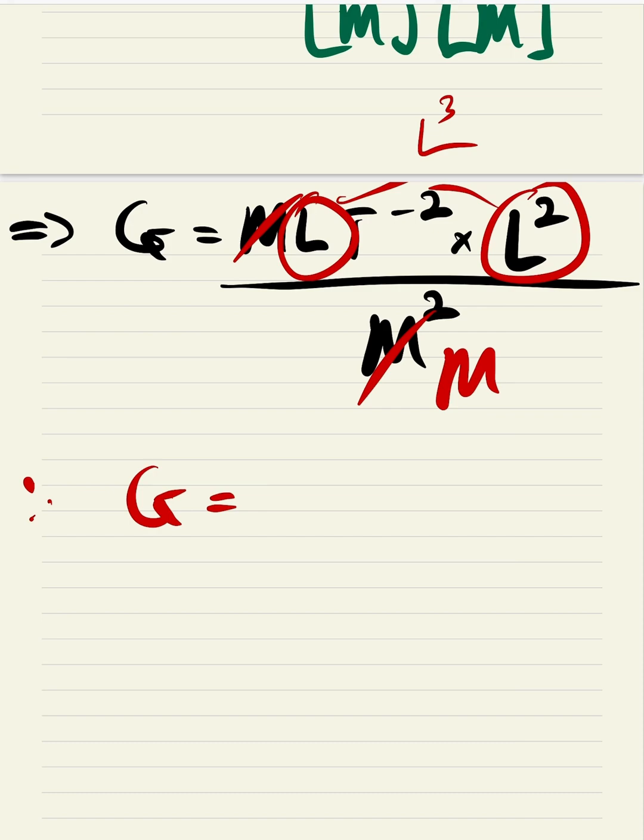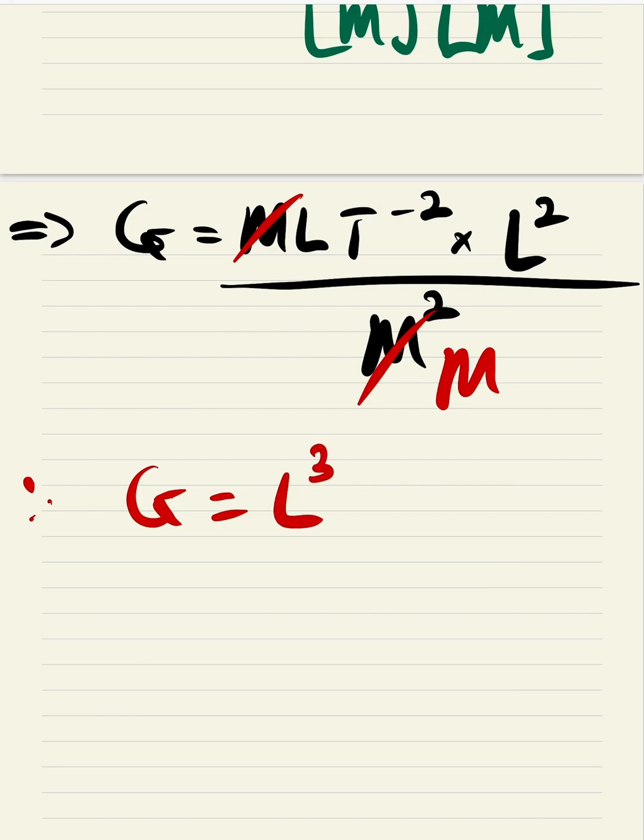So the G will give us L cubed, then the T raised to power minus 2. Then the M here is at the bottom, so when we bring it up, it becomes M^-1.